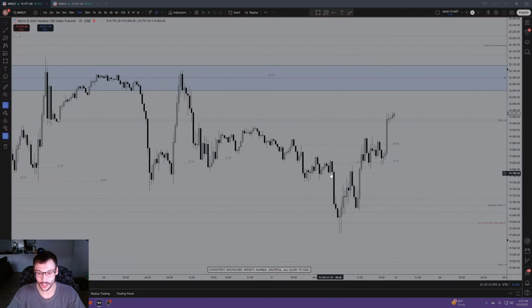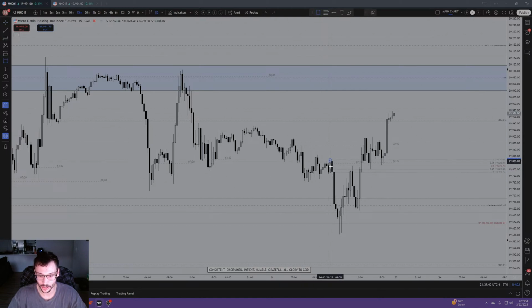Like right here, I can eyeball the midpoint of that candle, and you see the way my cursor is, it's still giving me the line. So if I'm eyeballing the midpoint of this candle and I see there's not bodies going under it, well, do I need to draw the thing? No, I don't.